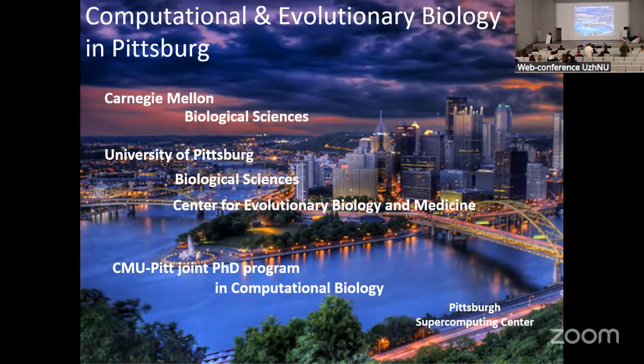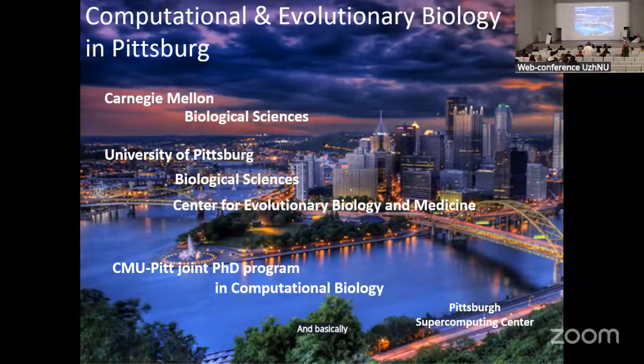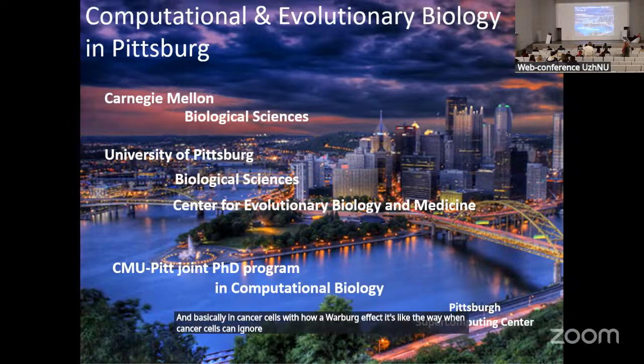Thank you so much. First of all, I was really thrilled to hear the suggestions about this way of ribosome expression because of this gene. In cancer cells, we have the Warburg effect, where cancer cells can ignore the usual ways and do energy receiving without any problems.